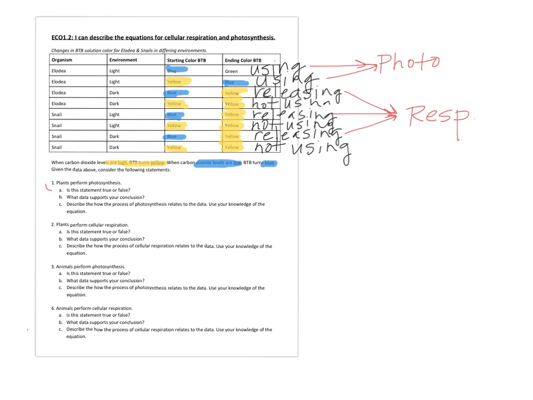Question 1. Plants perform photosynthesis. Well, right here is our photosynthesis, and do we have the plant doing it? Yes. The Elodea is the plant. So this statement is true. What data supports your conclusion? Like I said, these first two at the top, the Elodea in the light.